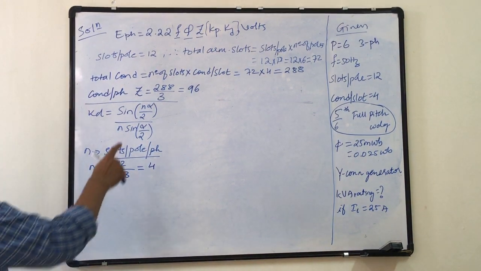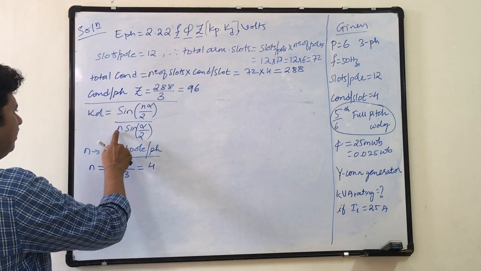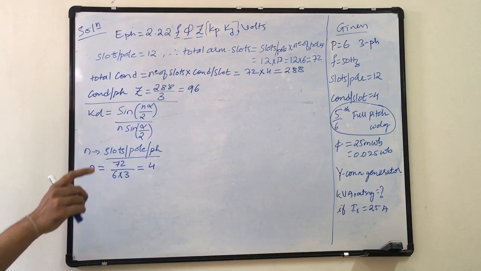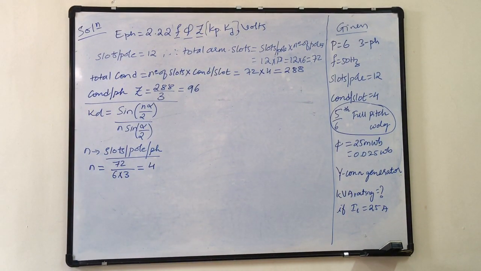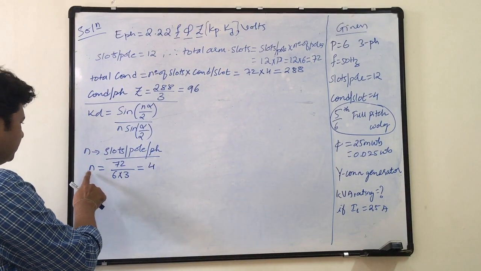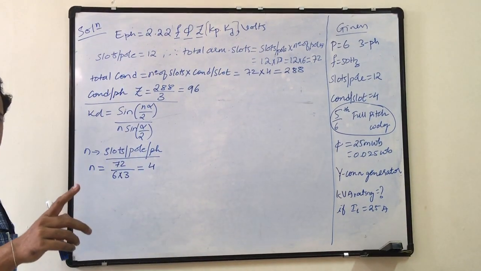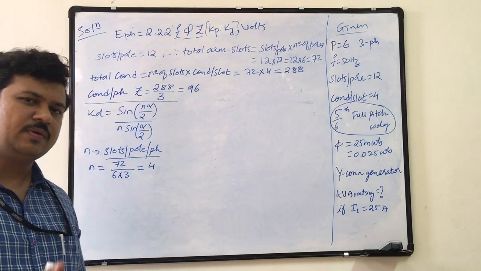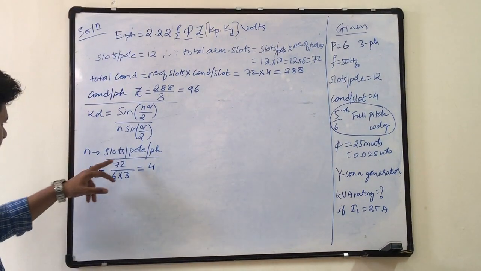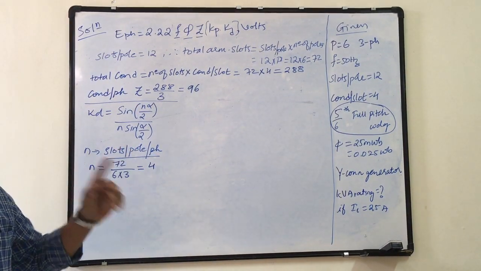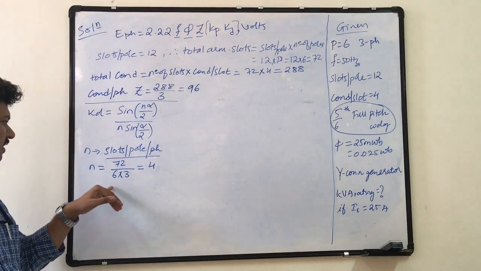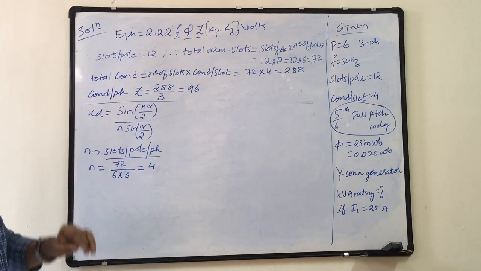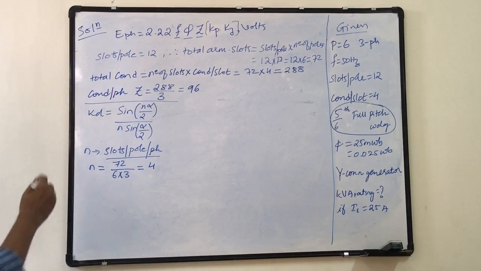Put n equal to 1: sin(alpha by 2) divided by 1 into sin(alpha by 2) is 1. It comes automatically. So if the number of slots per pole per phase n comes out to be 1, then only the distribution factor is 1. If it comes out to be more than 1, then compulsorily I need to find out Kd, that is the distribution factor.